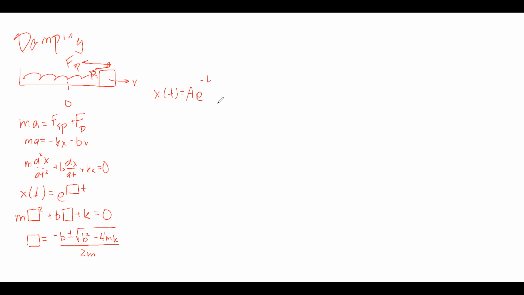So e to the negative b over 2m plus or minus, and I'm going to put the 2m inside the radical for reasons that'll become clear in a minute, the square root of b squared over 4m squared minus 4mk divided by 4m squared, all this times t. That's the big constant out in front of the exponential.